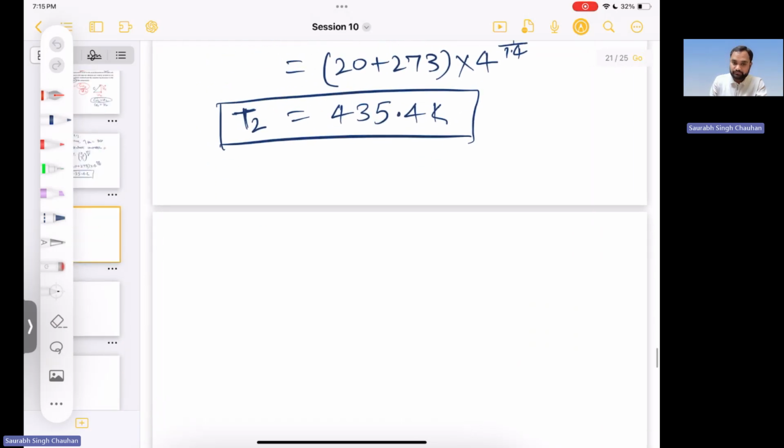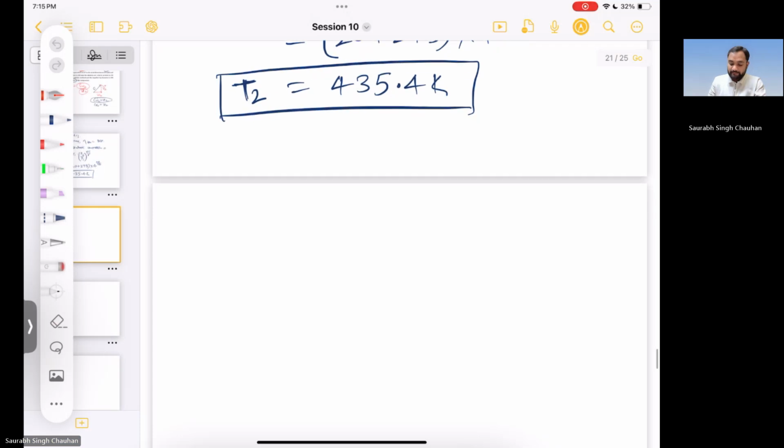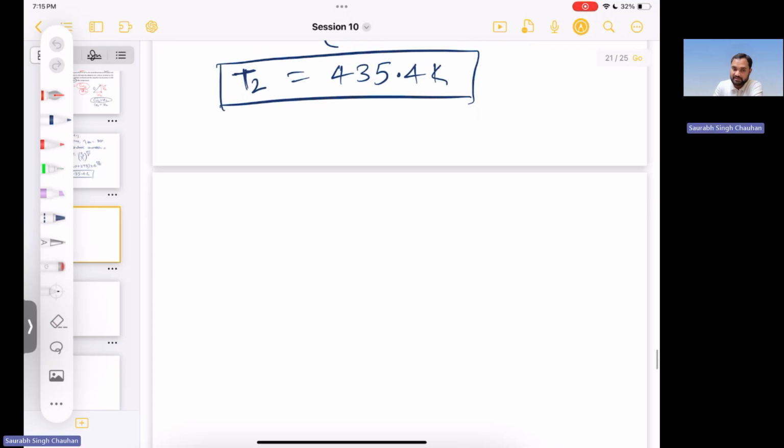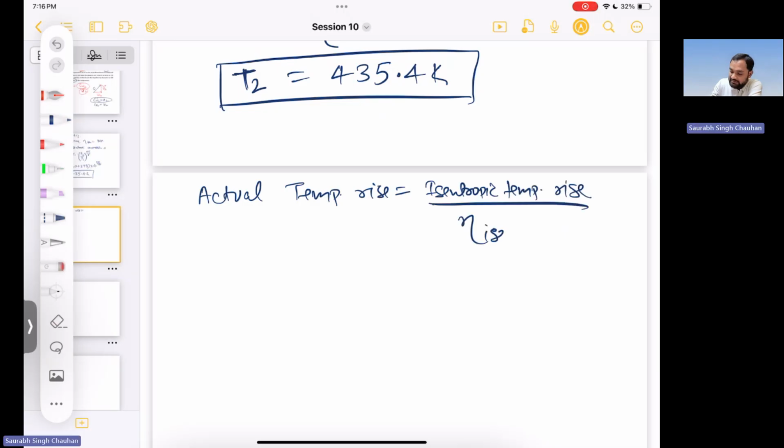So if isentropic efficiency is given, then the actual temperature rise will be more than that, right? So it will be the isentropic temperature rise divided by the isentropic efficiency.